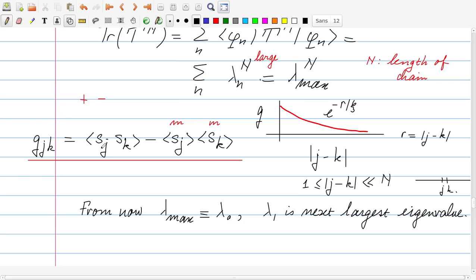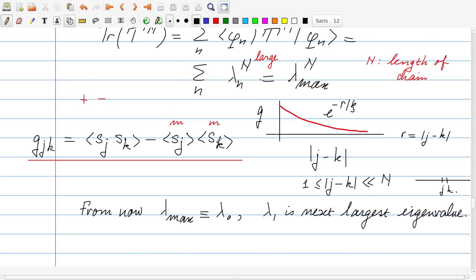It tells you what the value of the product Sj Sk is in excess to the value that that product would have if j and k were far apart and therefore uncorrelated.